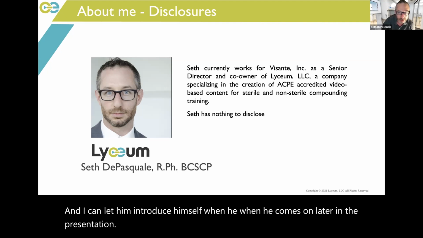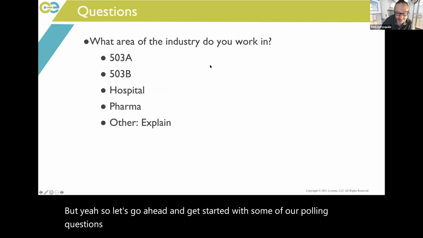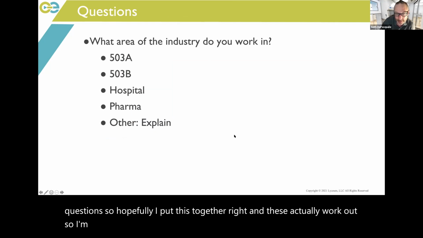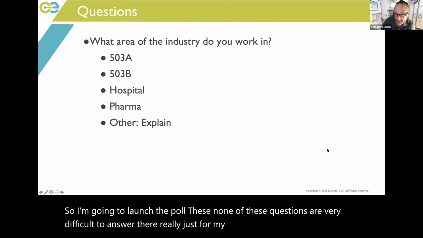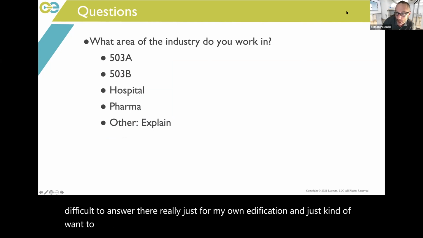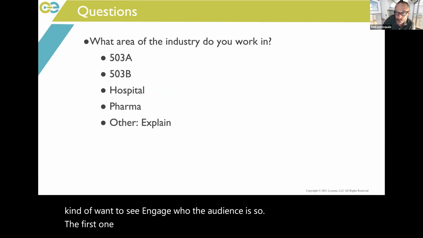Let's go ahead and get started with some of our polling questions. Hopefully I put this together right, and these actually work out. So I'm going to launch the poll. None of these questions are very difficult to answer. They're really just for my own edification, and I just want to engage who the audience is. The first one is, what area of the industry do you work in? 503A, 503B, hospital, pharma, other.